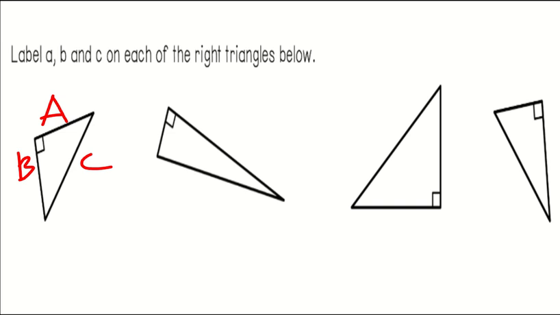A and B make the right angle, so that's what we want. Second one's I. Second one's a little trickier. A, B, C, that's correct. They got that one kind of turned a little differently, so that makes it maybe a little bit tougher.